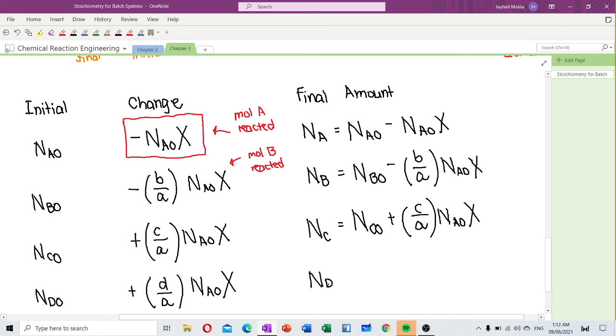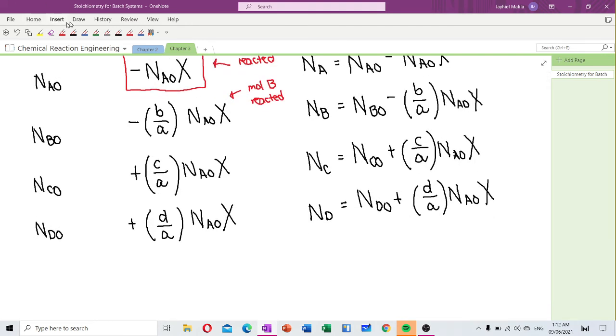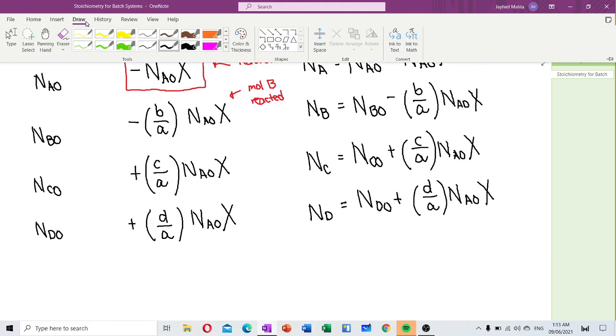But for the products, you need to add the change term, not subtract. Alright, so that's it for your stoichiometry.